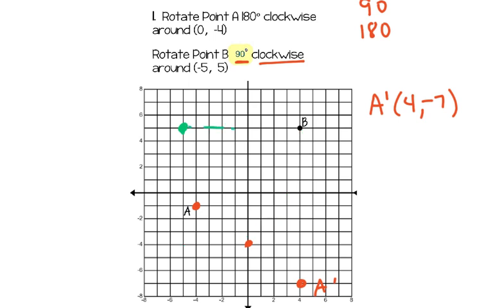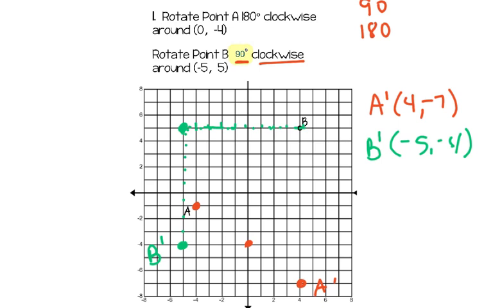Now, if I look at my slope right there, that's just a nice horizontal line so that I know my 90 degree is going to be a nice vertical line. And so I just have to count how many the difference is. So 9, and so I'm going to go down here, and this will be my B prime. That one was pretty easy to do. So that's going to be (-5, -4).